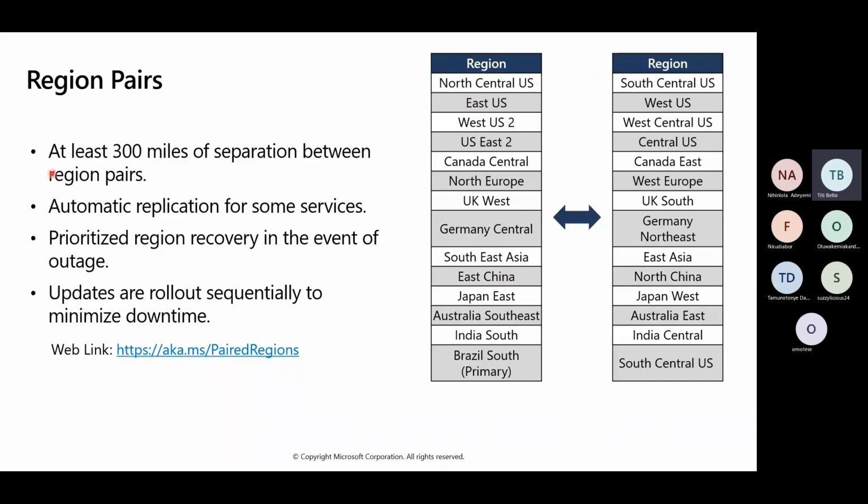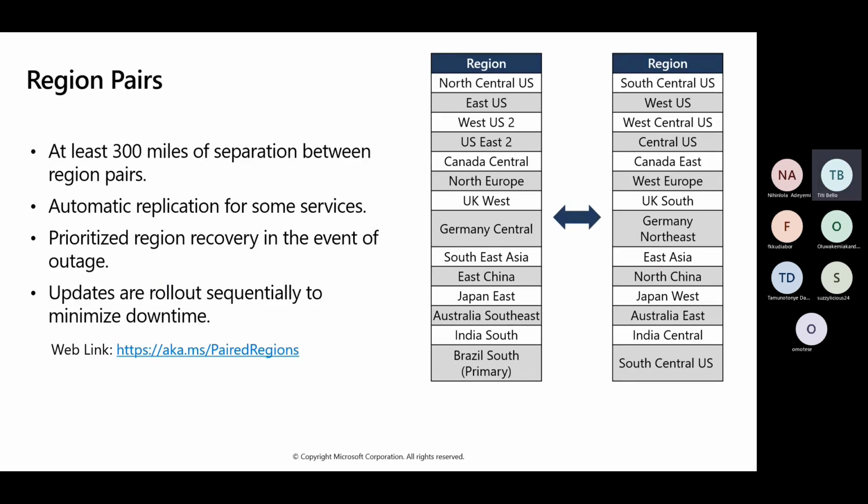Microsoft establishes at least 300 miles of separation between each region peer. That's the distance between regions and their peers.